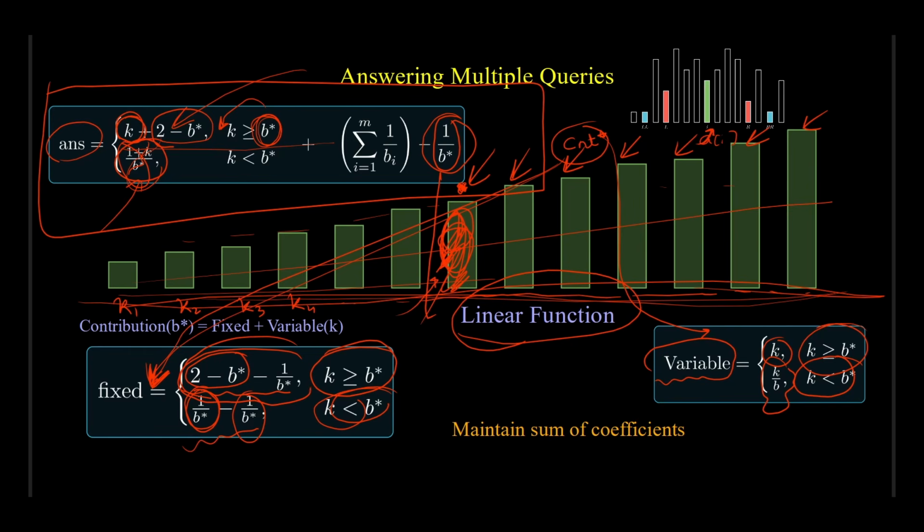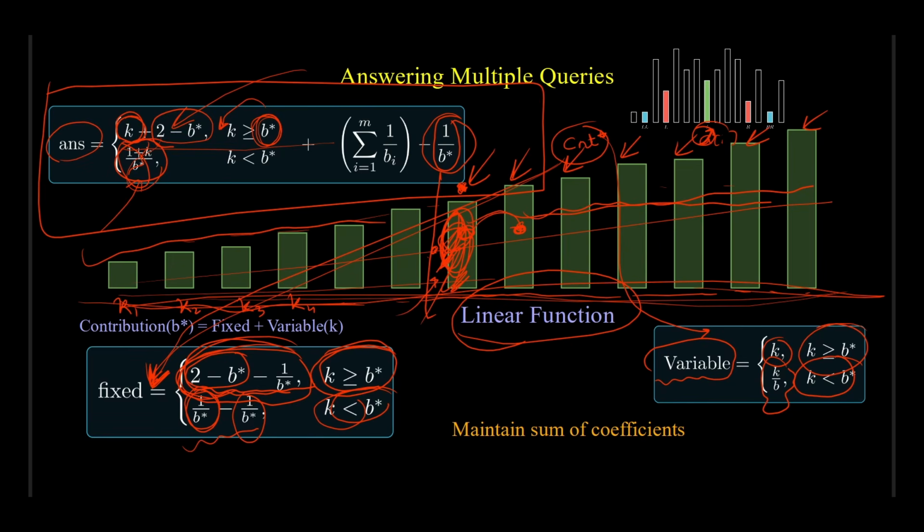If you go from this k to this k, the inequality is still satisfied, but the value of the fixed contribution does not change, right? So why do we need to compute it again? So we find out the first element that is greater than this minima, and then we add this fixed part to all of these entries. Similarly, if k is less than minima, that is these sections, we add the fixed part to these.